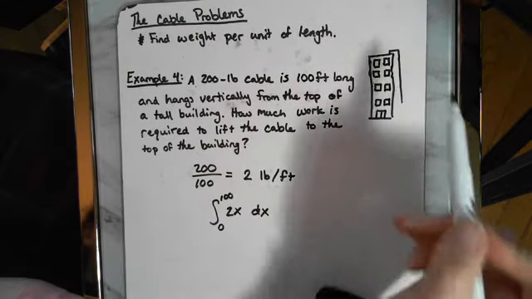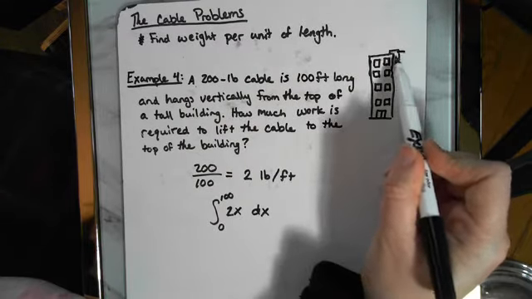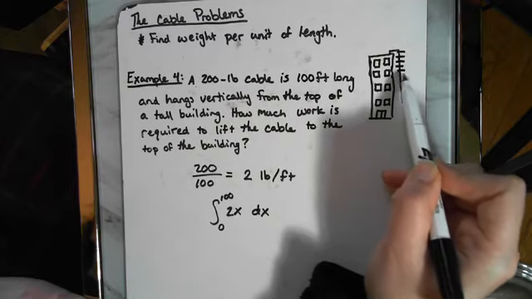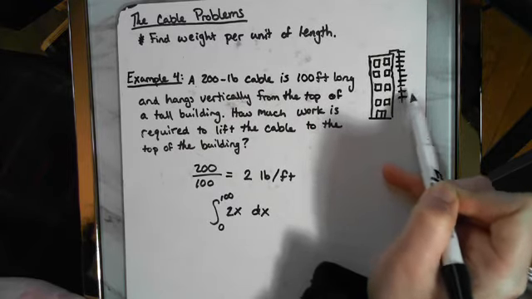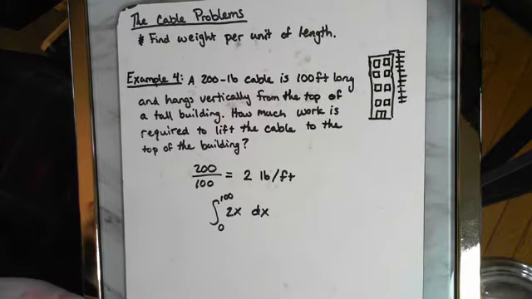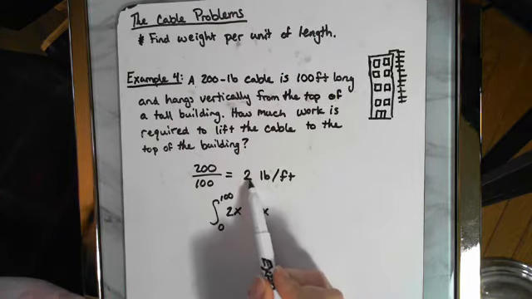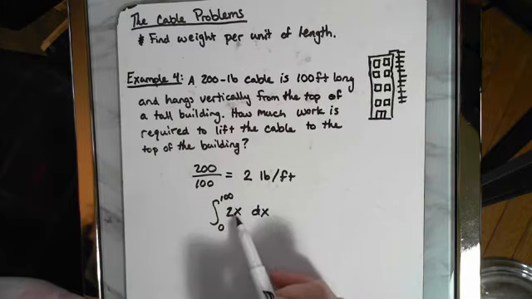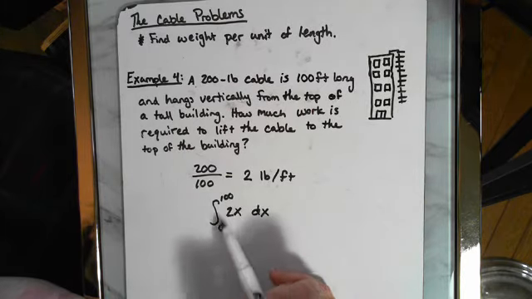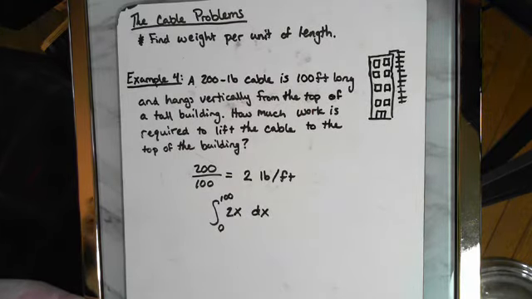Okay, so what we've essentially done is we've taken our cable and chopped it up into little tiny pieces that are 1 foot long. Okay, we've chopped it all up, and this is how much each of them is going to weigh. That's the force on it. And x is going to represent our distance, and it's varying from 0 to 100.